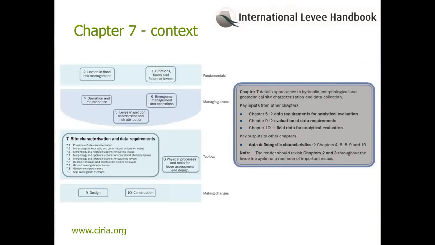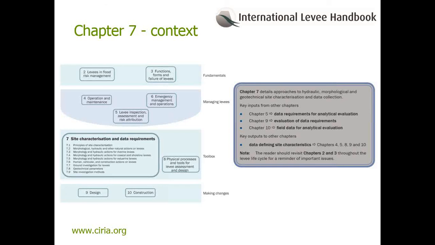The chapter is divided into 9 principal subsections. Section 7.1 is a general overview of the characterization process. Sections 7.2 to 7.5 deal with the characterization of the hydraulic boundary conditions at the toe of the levee, and how these are modified and interact with the levee is covered in Chapter 8.